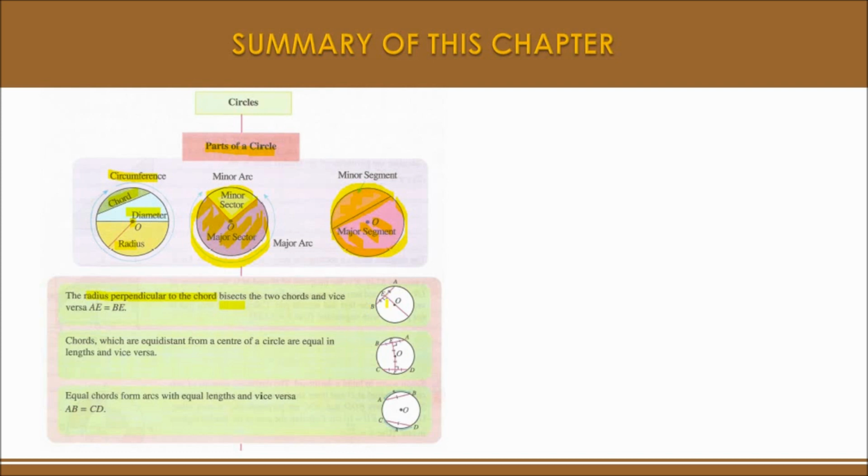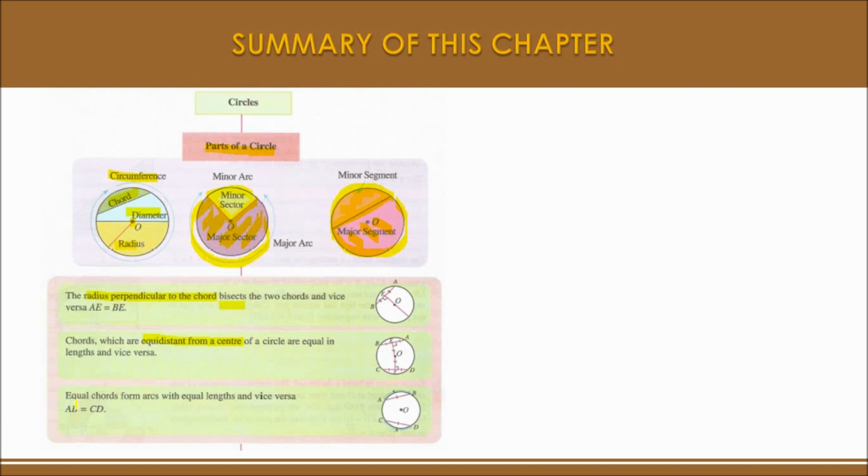If the intersection is 90 degrees, therefore the radius bisects this chord. You will also learn that chords which are equidistant from the center of the circle are equal in length. AB and CD have equal length if they are equidistant from the center. Equidistant means having the same distance.